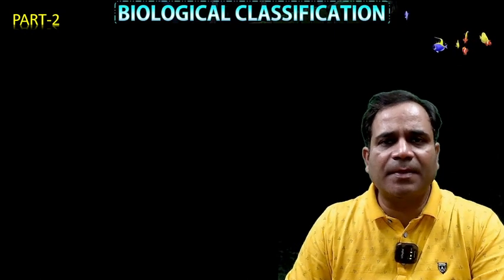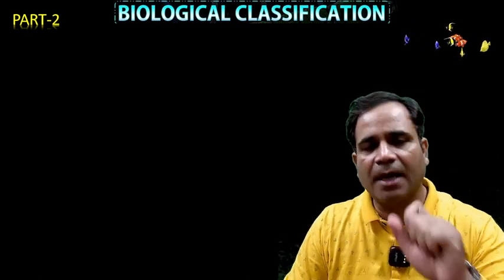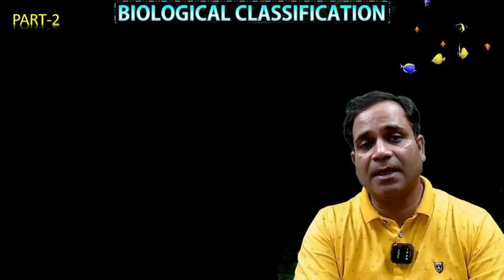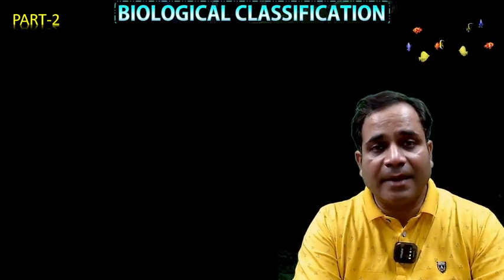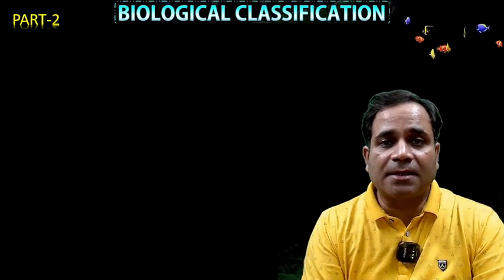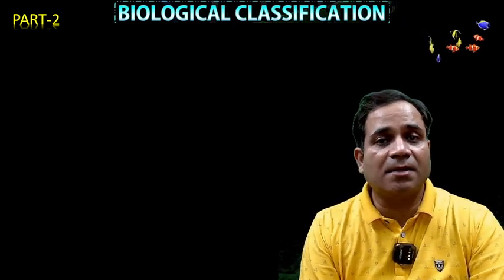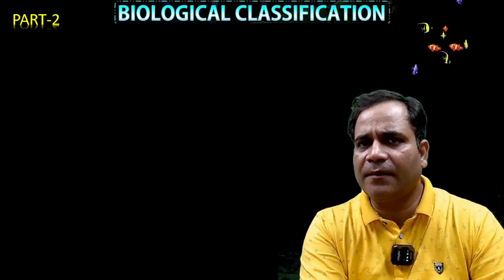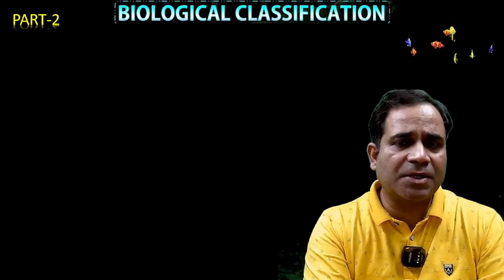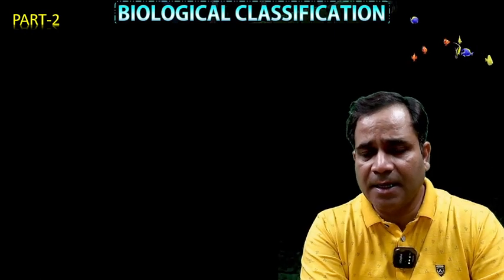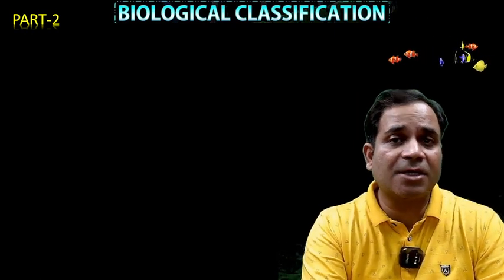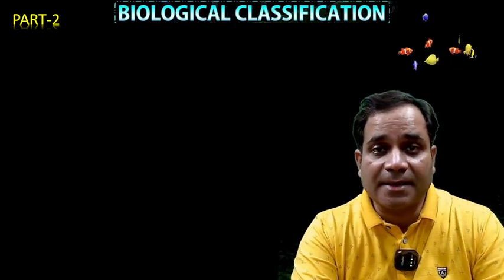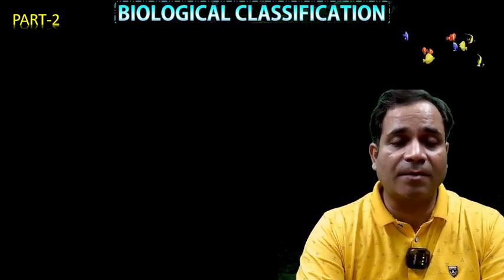So in the previous part, that is part 1, I told you about the classification, how many types of classifications there are, as well as the scientists who told about the different types of classification. The first scientist, whose name I told in the previous lecture, is Aristotle, right? After that, the two kingdom classification was given by Carolus Linnaeus, the father of taxonomy, my dear.